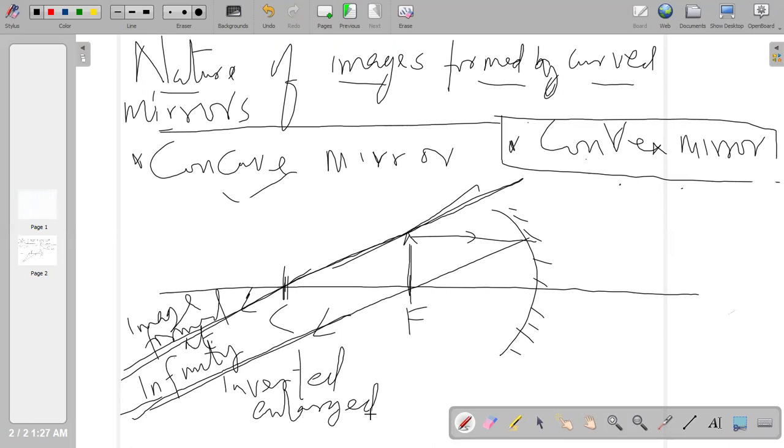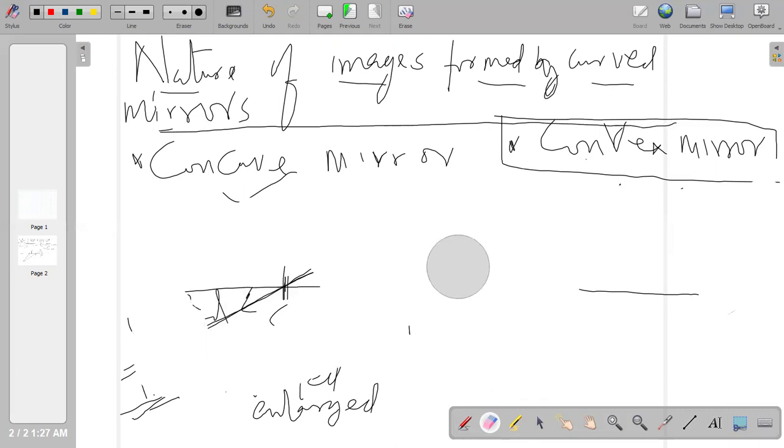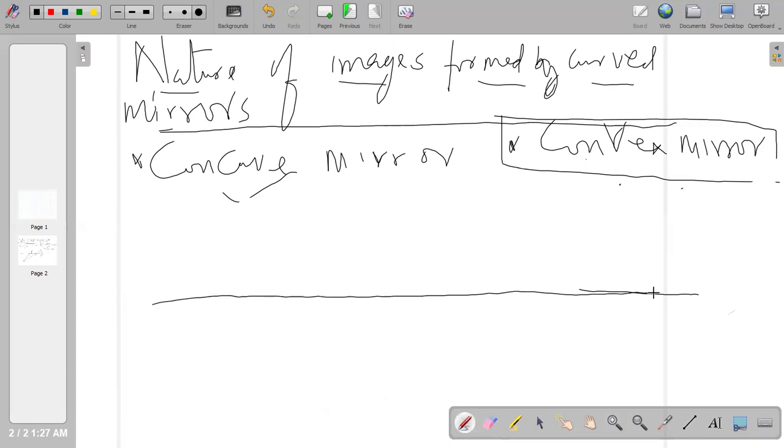Now the object is moving closer. You can guess where the object will be in the next stage. If your guess is as good as mine, the object will be between F and the pole.